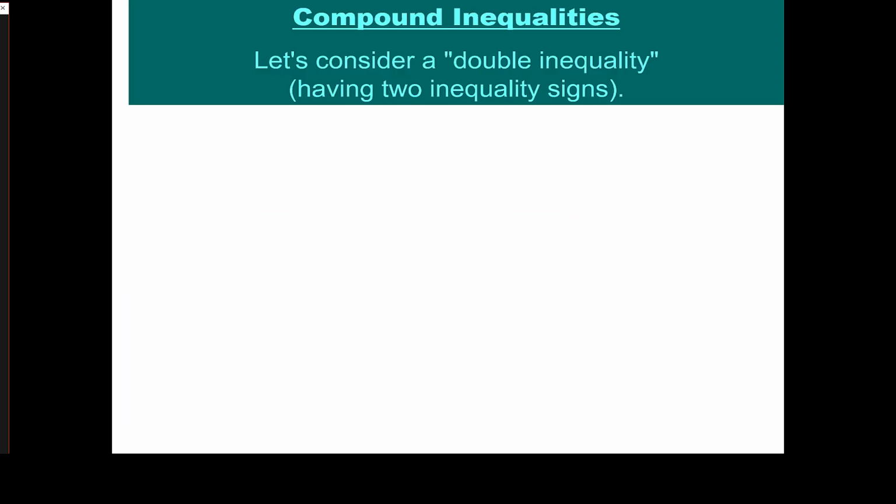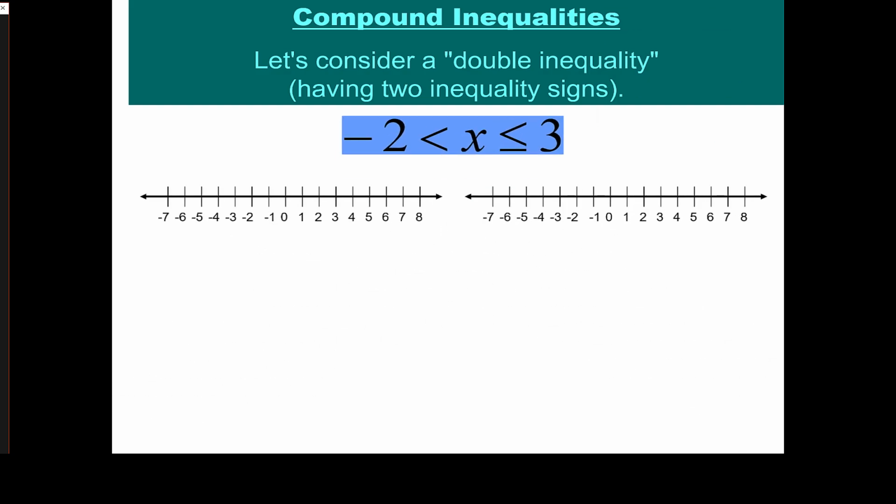Next topic, compound inequalities. Let's consider a double inequality having two inequality signs. When we look at this, we see x is greater than -2, and at the same time, x is less than or equal to 3.